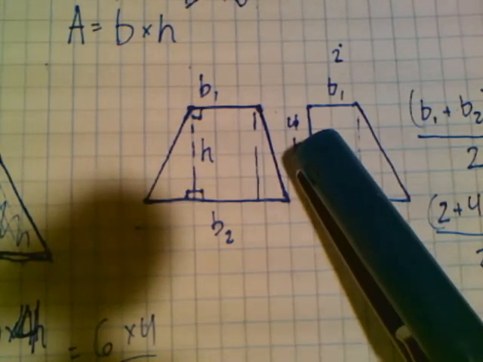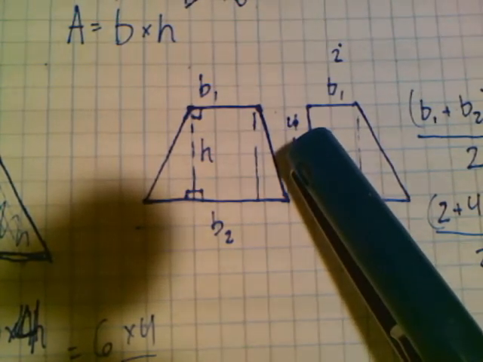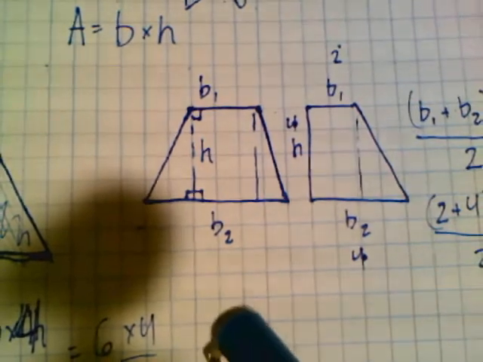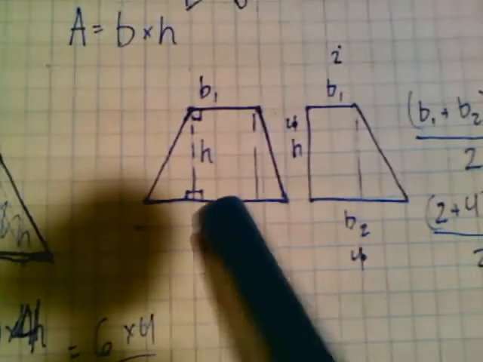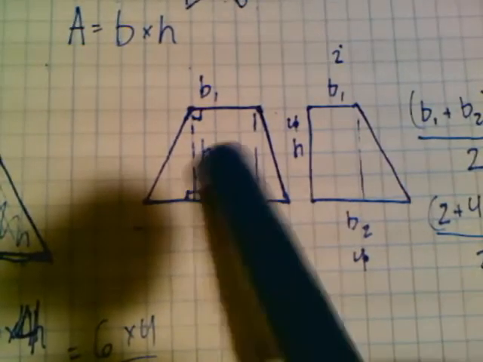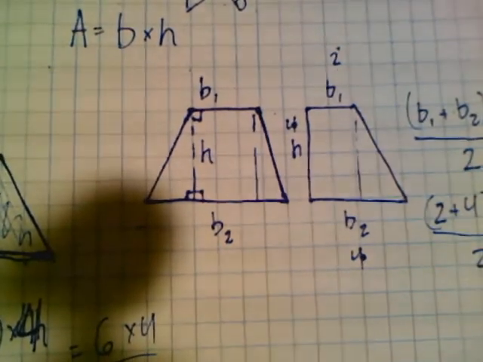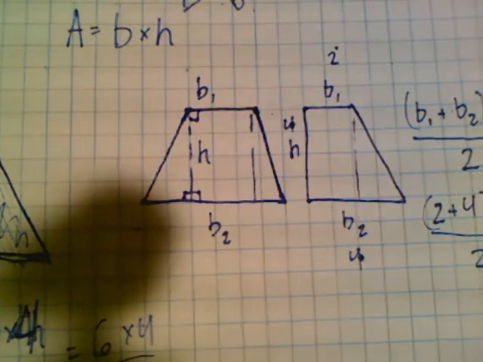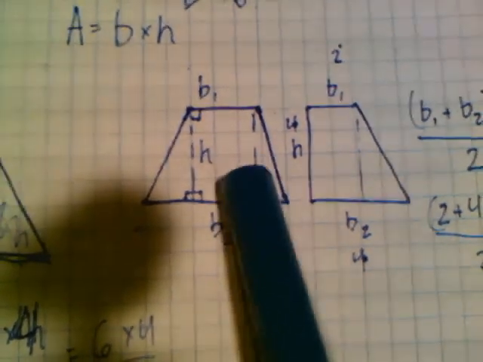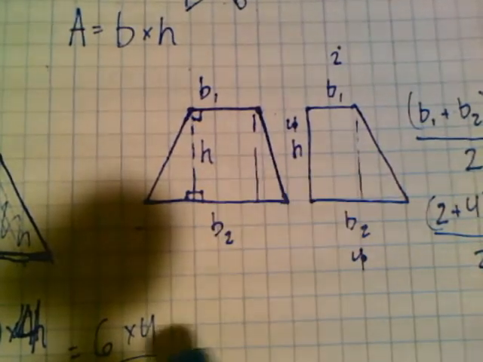I mean, there's a way you could do it, but the point being, it's the same rules for both of these. Base 1 plus base 2 times height divided by 2. I could go into some further explanations, but I think it would require some math that y'all don't know yet to fully explain why you can use the same formulas for both of these.